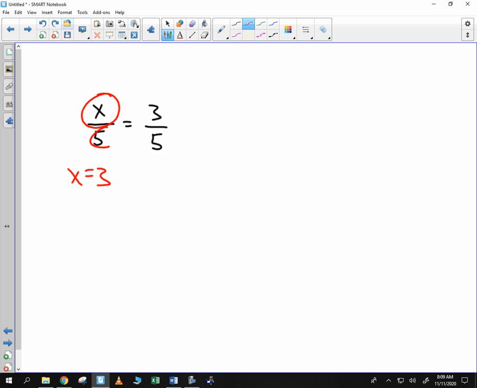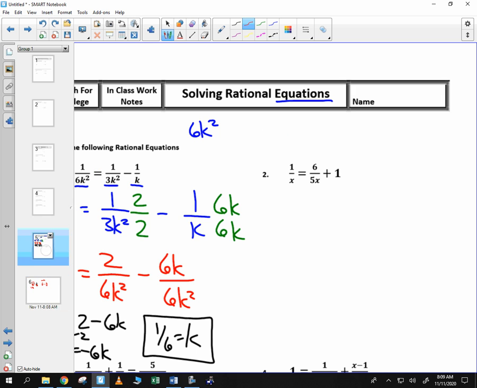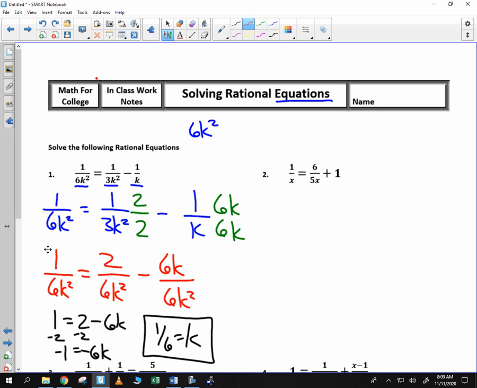See, you can simply ignore the denominators when they are the same and focus on the numerator. Now, if I had x over 5 equal to, say, 6 over 10, now you can't just say that x is 6. That doesn't work because the denominators aren't the same. So as soon as you make the denominators the same, you can just focus on the numerator.